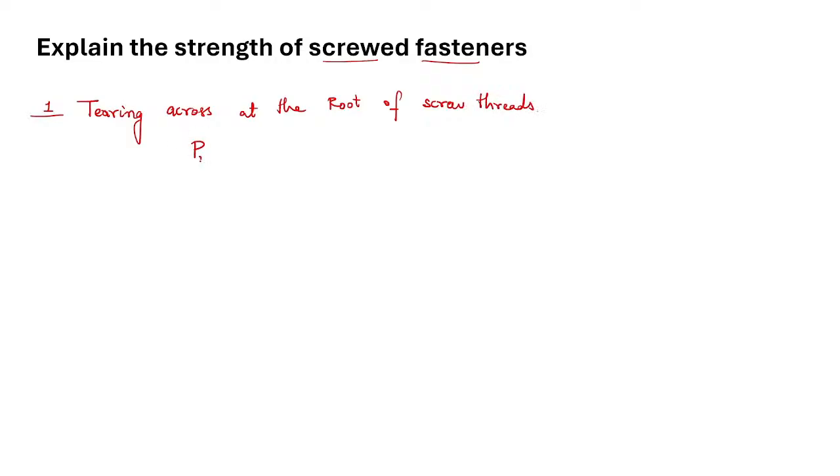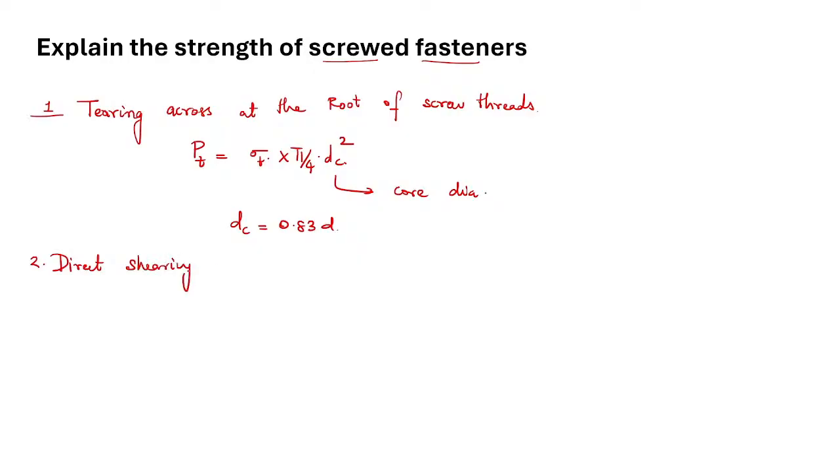That is given by tearing load, which is equal to PT, that is equal to sigma T into pi by 4 times of DC square, where DC is the core diameter or minor diameter, and DC is given by 0.83 times of D. Next would be direct shearing of bolt, that is P is equal to shear stress into pi by 4 times of D square, where D is the nominal diameter.